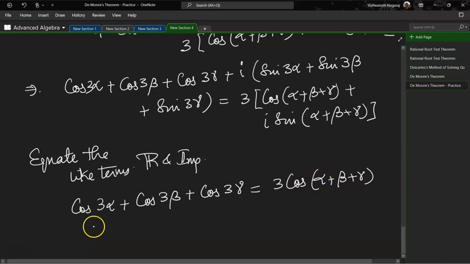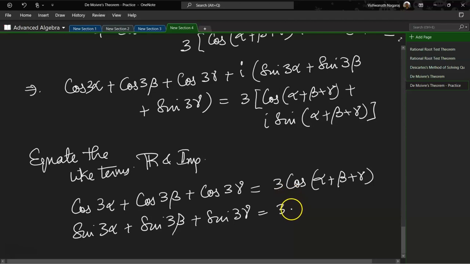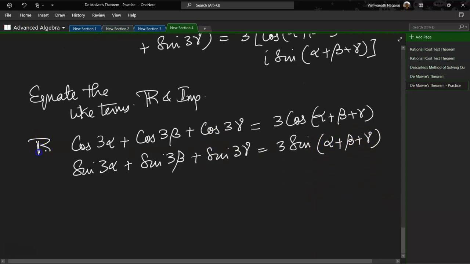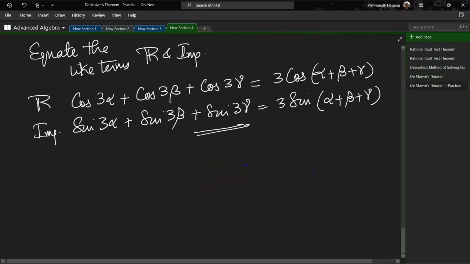Similarly, the imaginary part will be sin 3 alpha plus sin 3 beta plus sin 3 gamma is equal to 3 times, we don't have to write i, sin (alpha plus beta plus gamma), right? So this is the real part and this is the imaginary part. So we have proved that. Okay, I think that's enough.